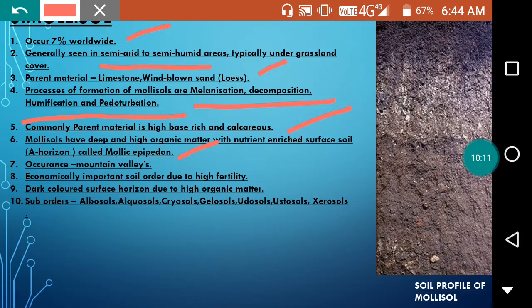After that, they occur in mountain valleys, and it is an ecologically important soil order due to the high fertility, and dark colored surface horizon due to the high organic matter. And suborders are albolls, aquolls, cryolls, gelolls, udolls, ustolls, and xerolls. This is all about mollisols.